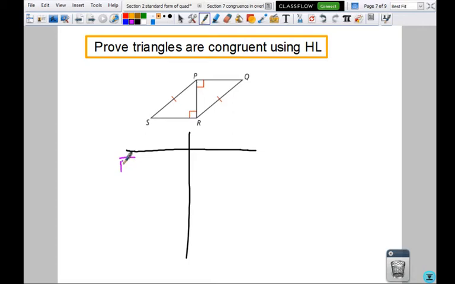What was the other thing we needed to show? What does that H stand for? Hypotenuse. Hypotenuse is the longest side, right? So this is my longest side. This is my longest side.